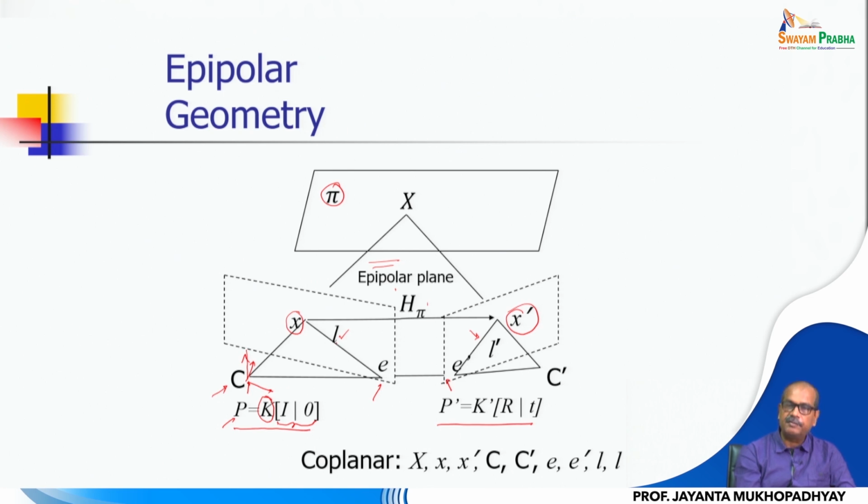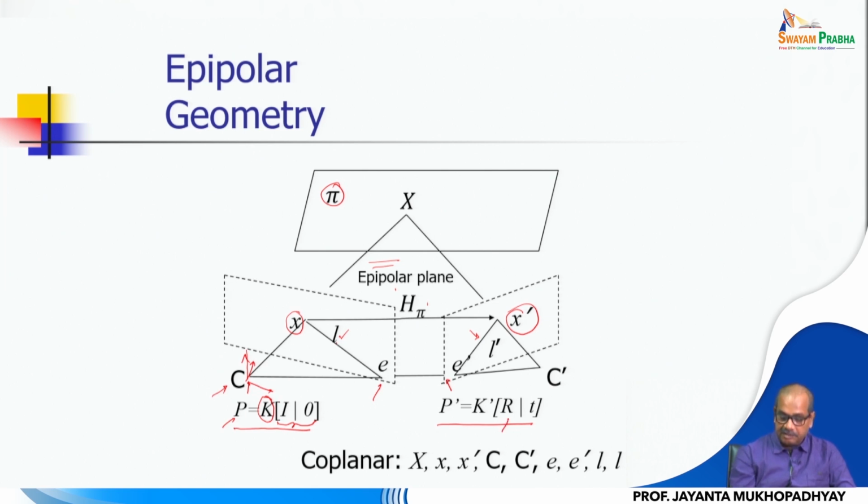In the canonical form, if I apply K inverse to the image point, I will get the respective canonical image coordinates for that projection. So anyway, it is basically a camera-centric coordinate system, and this acts as a reference with respect to this axis in the canonical form.